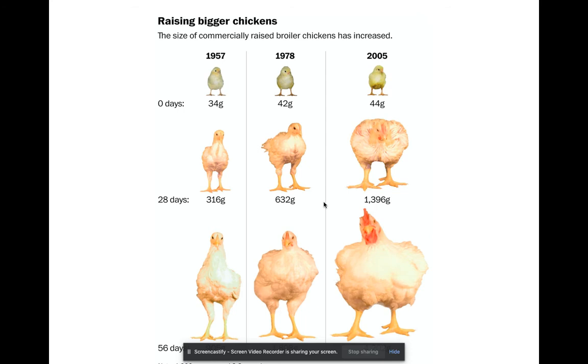And obviously the benefit here is that you can get more meat per chicken. And all of us love chicken, and so we benefit from farmers that have gotten very smart in how they raise meat.